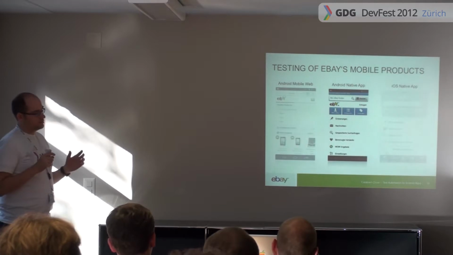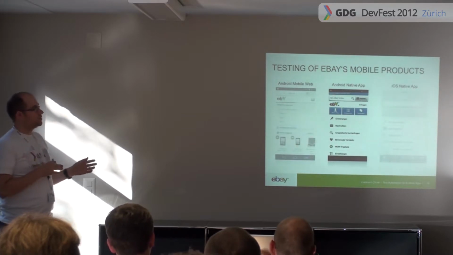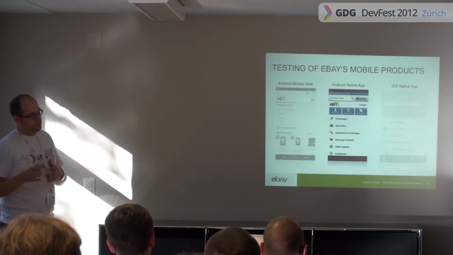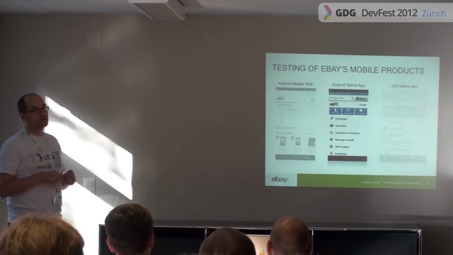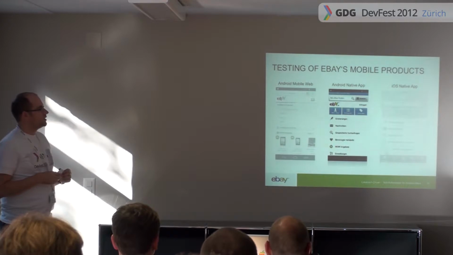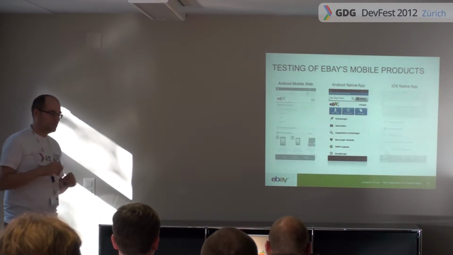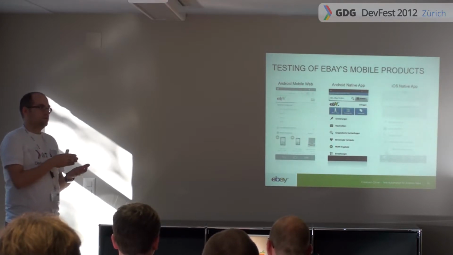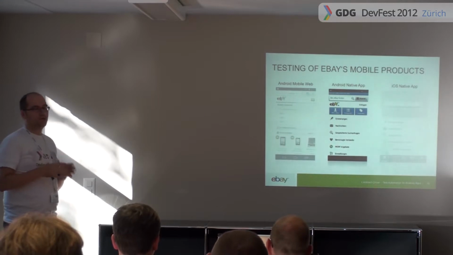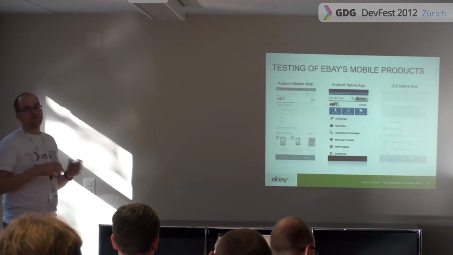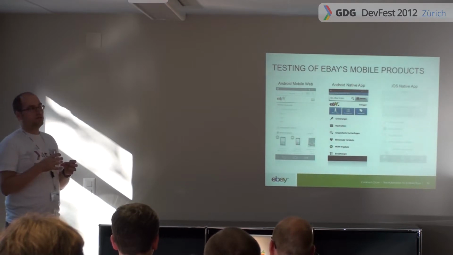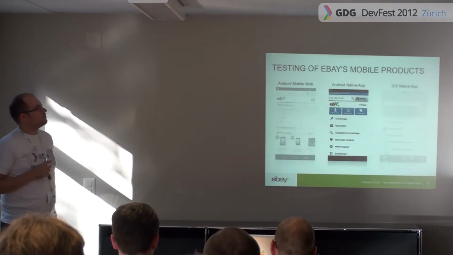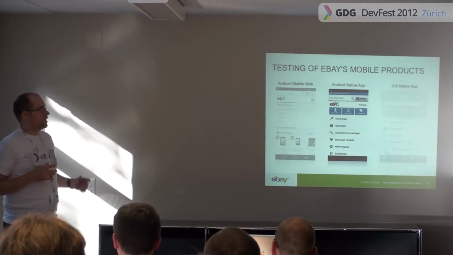Those products are developed in different teams, and they also have different release cycles. That means currently in our team we said, okay, we would like to use the best testing framework for each platform. So we do not have one testing platform that we can use for all the different platforms.